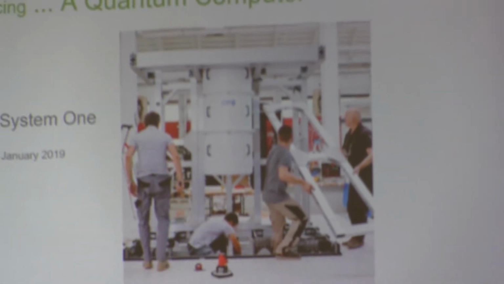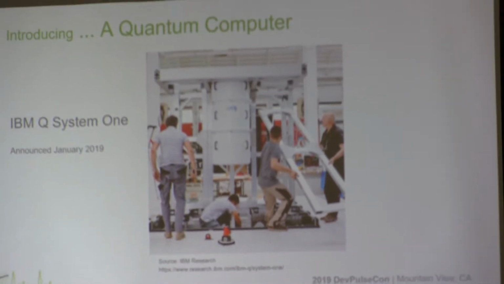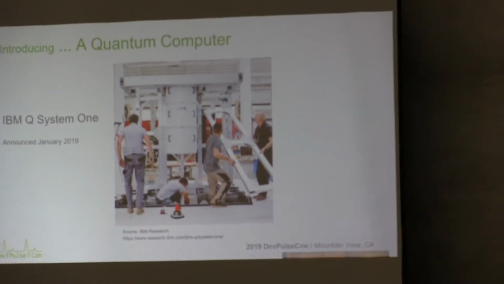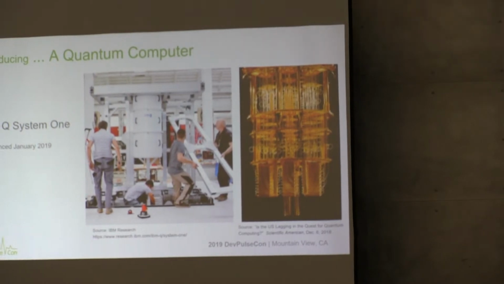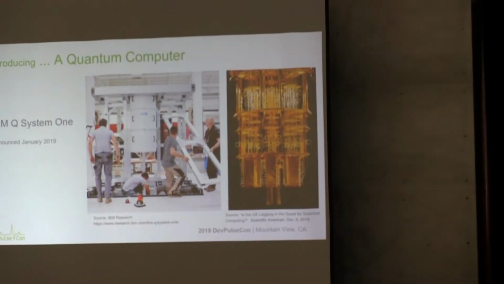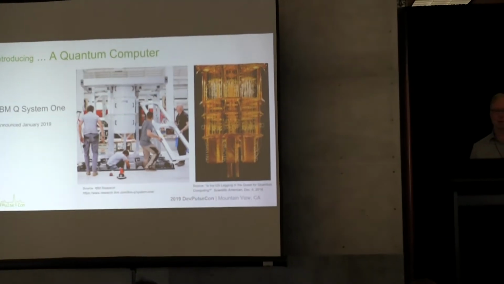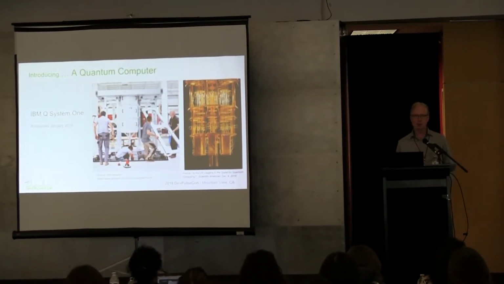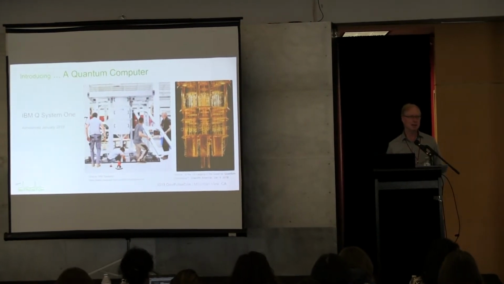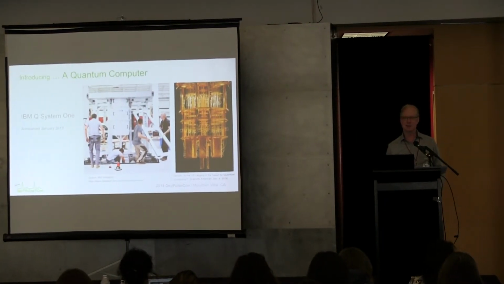If you're wondering what it looks like on the inside, I couldn't find the exact picture, but IBM has similar models, and shown here is another part of the IBM Q series that looks pretty similar to probably what's inside of the IBM Q System 1. As you can see, it's a very complicated machine, don't you think? And it really looks a lot different than things you've seen before. So it's a pretty fascinating story.